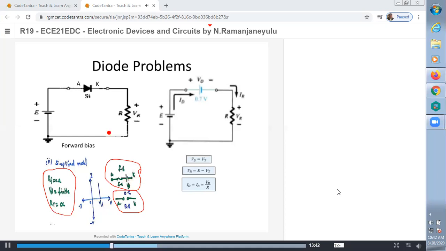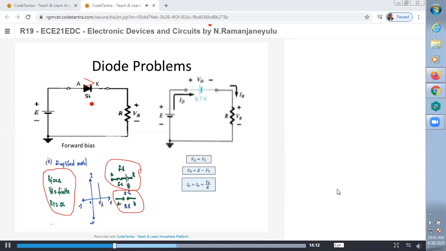Remember always how we can say whether the diode is in forward bias or reverse bias: observe the anode potential and cathode potential. The forward bias definition is A greater than K; only then is the diode in forward bias.